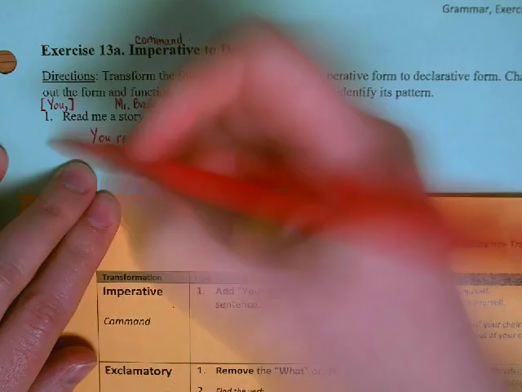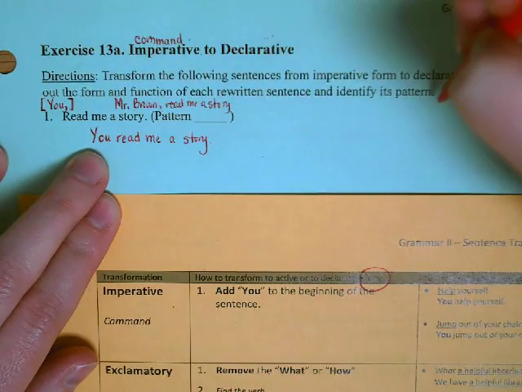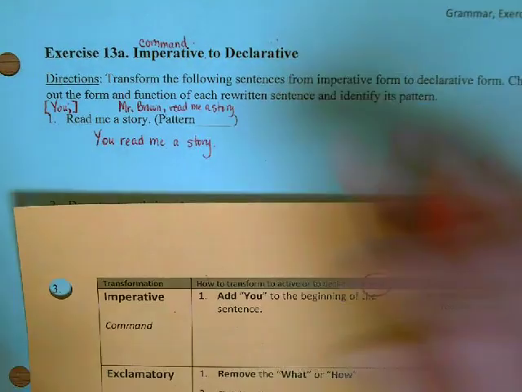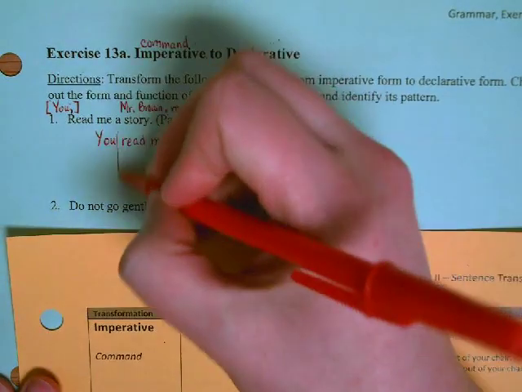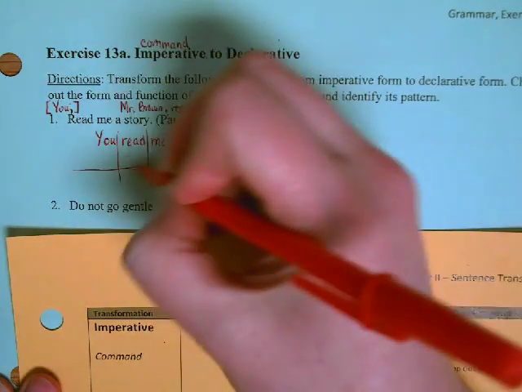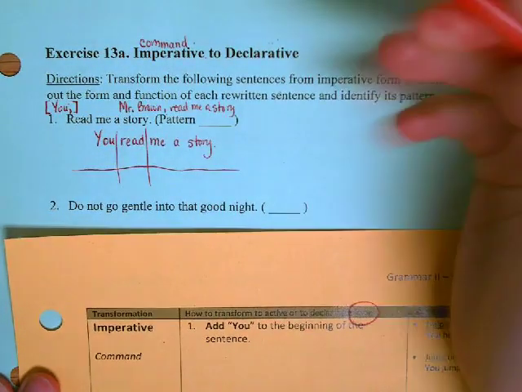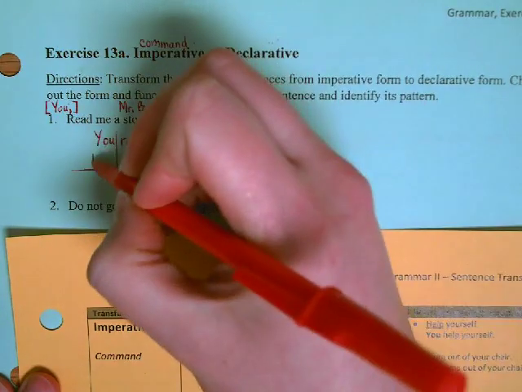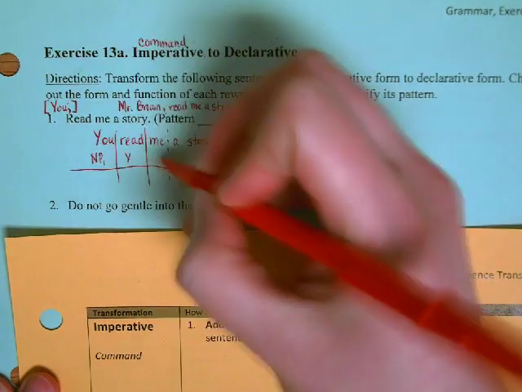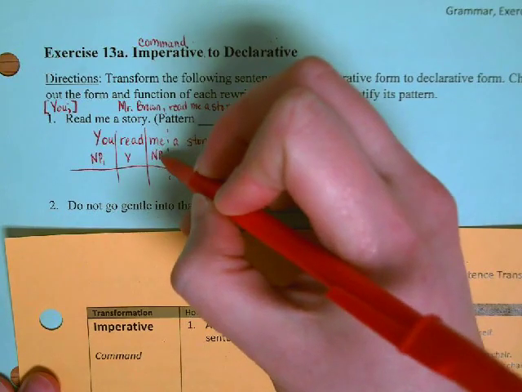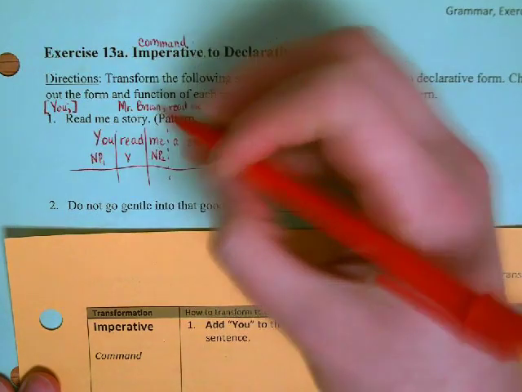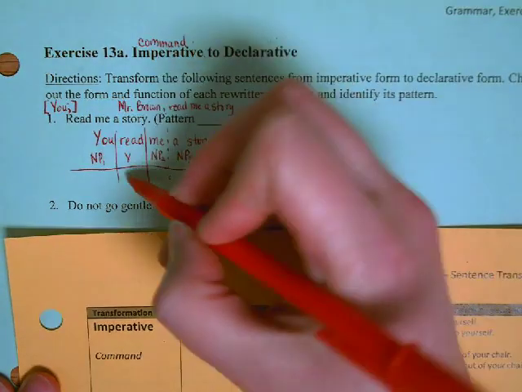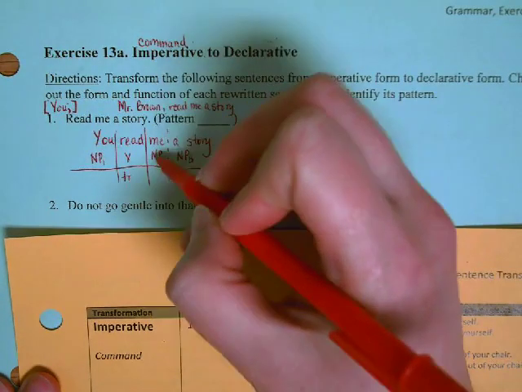Okay, and so then once you've rewritten the sentence in its declarative form, then you just chart it out to identify the pattern. So read is your verb. You don't have a prepositional phrase, but you do want to separate those two things. You've got noun phrase 1, me is noun phrase 2, different than you, and then the story is your third thing in this sentence, and so you have transitive verb because you have the noun phrase 2.